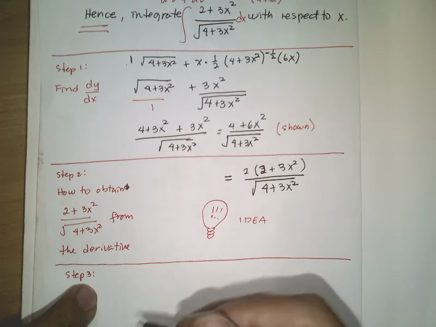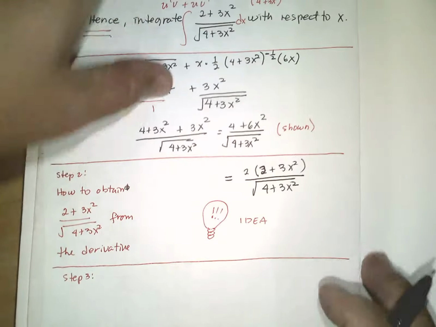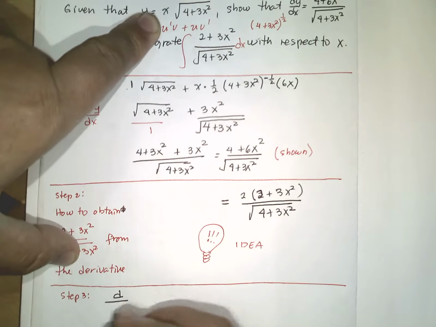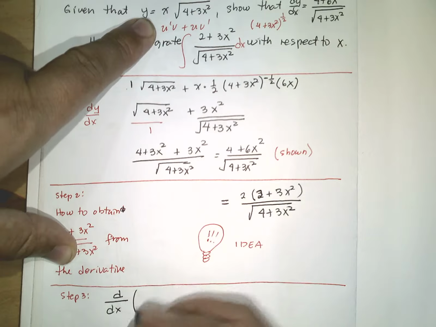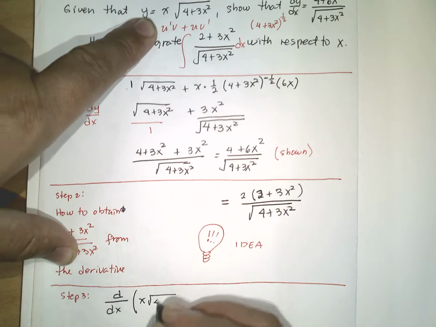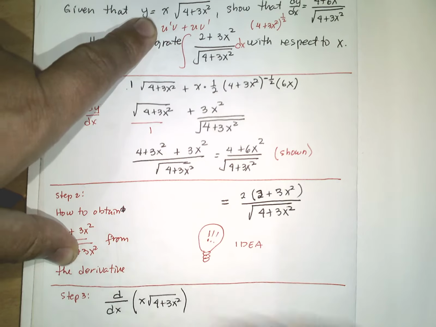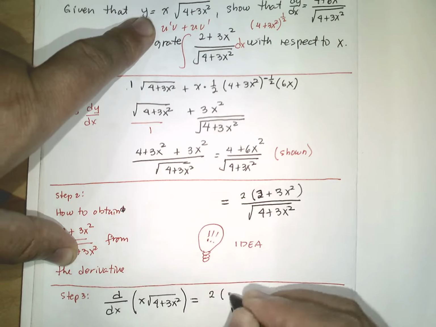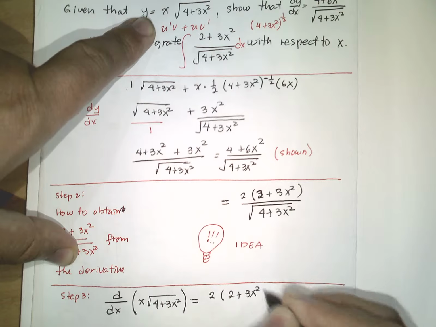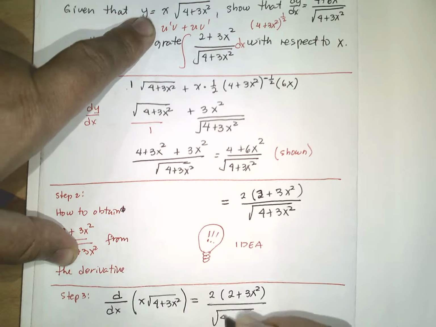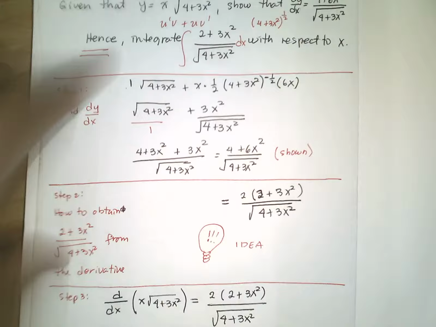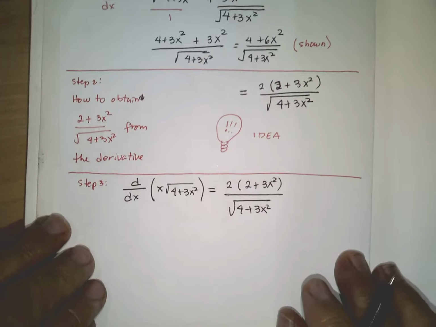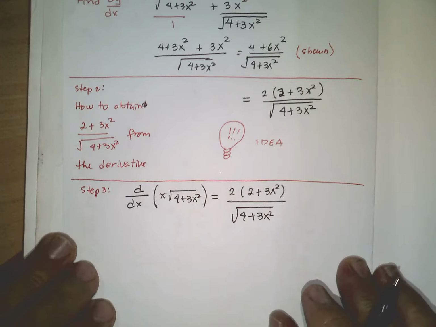The question is this one, the derivative of this. So that question could be written as d/dx of x times the square root of 4 plus 3x squared, right? And that's equal to your derivative, which is 2 times 2 plus 3x squared all over the square root of 4 plus 3x squared. You need to follow the step-by-step solutions that I'm telling you so you don't get confused on how to find the answer.